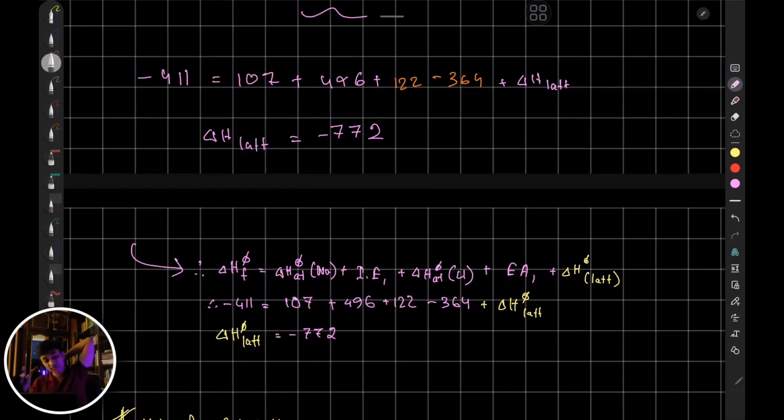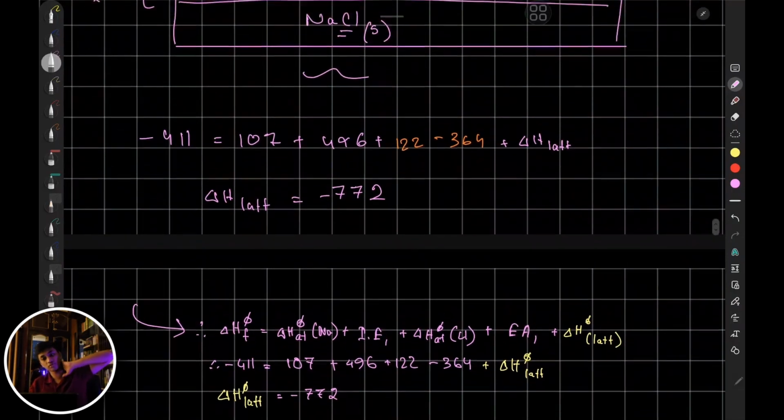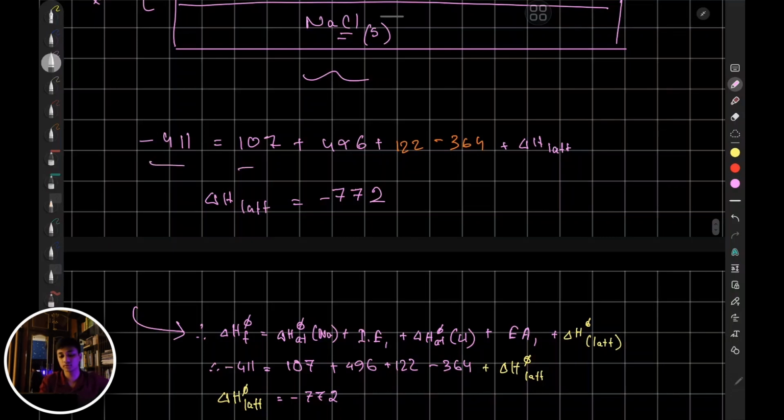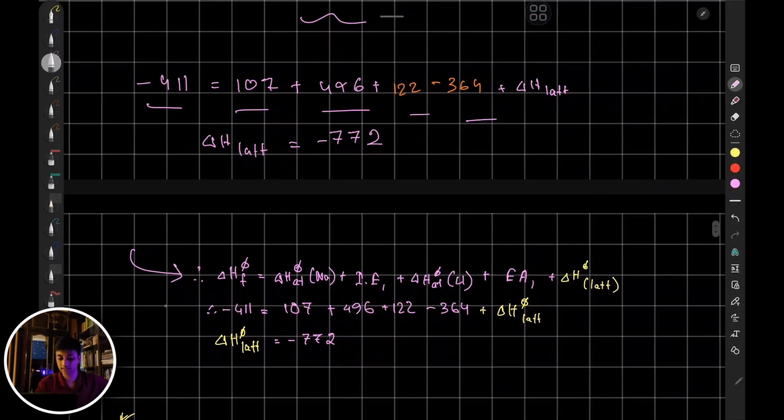So another thing, don't directly put the values of the enthalpy changes in your question paper. A lot of examiners might appreciate it if you write it in this form, where you're denoting all the symbols, let's say del H of formation, del H of atomization, and in the bracket write down what you're atomizing, let's say sodium atom.